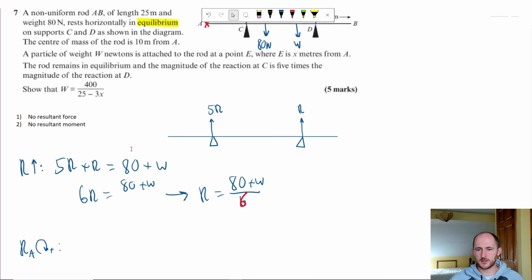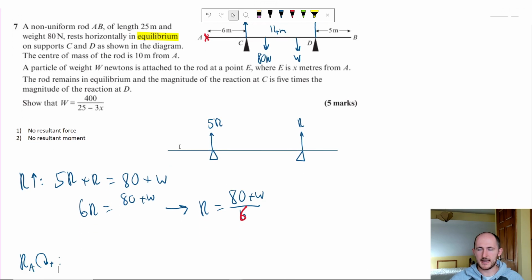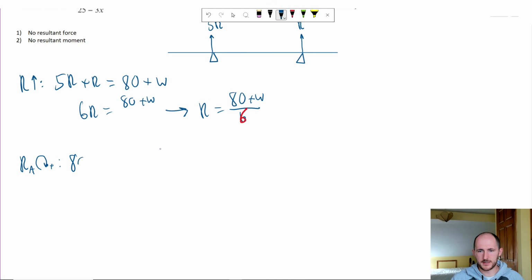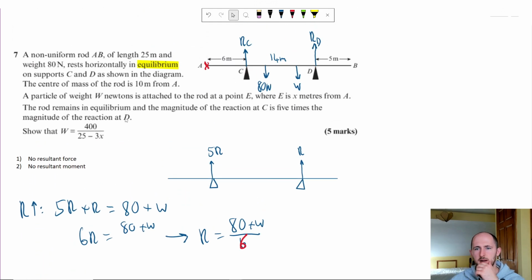Let's have a look. So what do we know? Well, the 80 Newtons force, we know that, but do we know the distance? I actually can't remember. So the centre of mass is 10 meters from A, so I know that the distance from here to the 80 Newtons force is 10 meters.